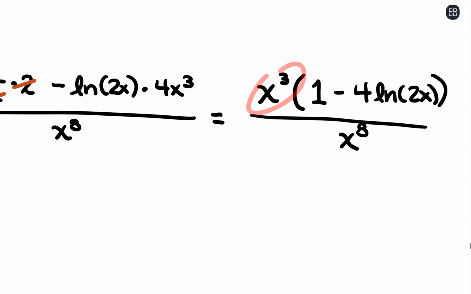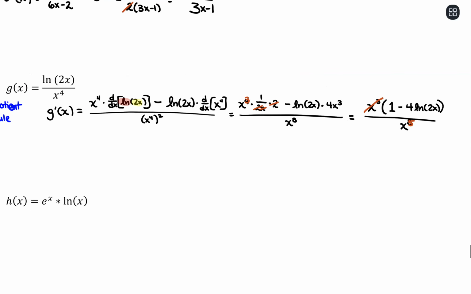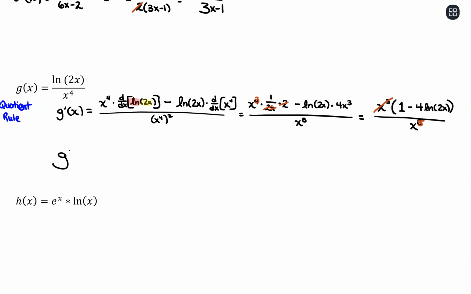And we're going to get a nice cancellation here. So we can cancel out 3 of these x's. So there's going to be 5 left over in that denominator. So this derivative is, in the numerator, 1 minus 4 times natural log of 2x over x to the 5th.